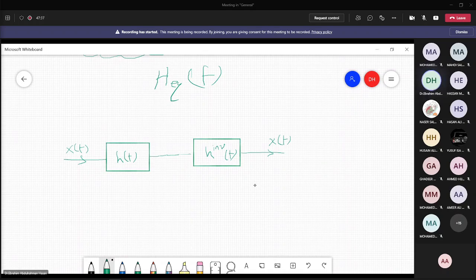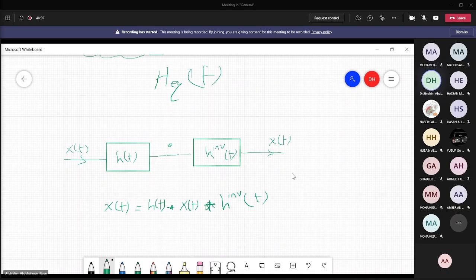So x of t is equal to the output from here convolved with h inverse of t. And this output is equal to the convolution between x of t and h of t. So this is equal to h of t convolved with x of t.